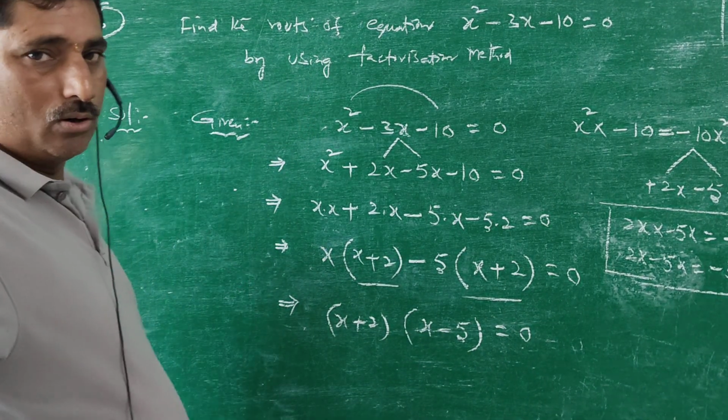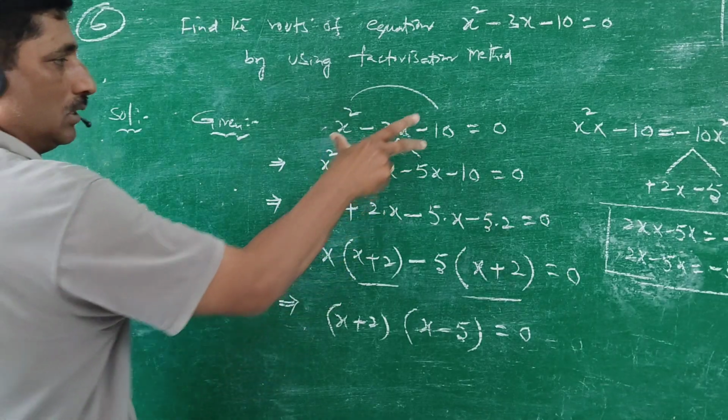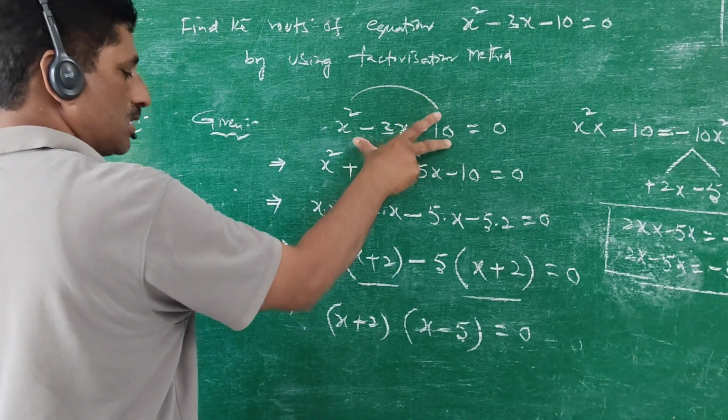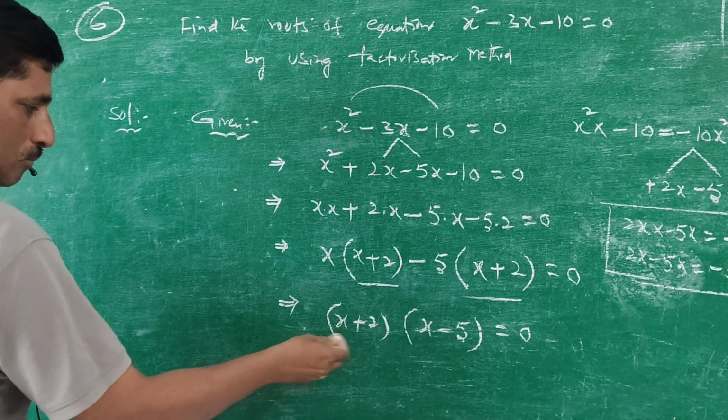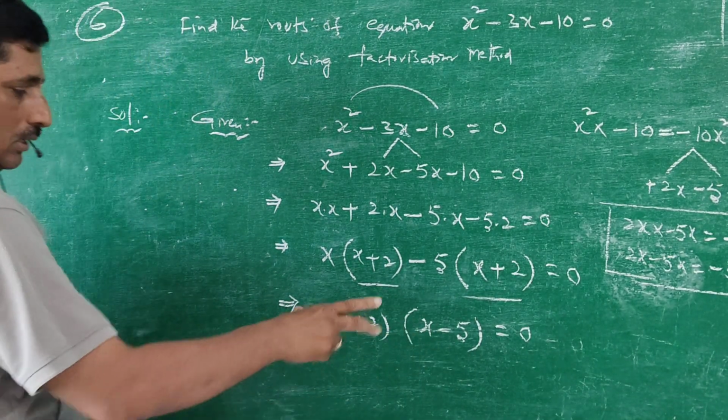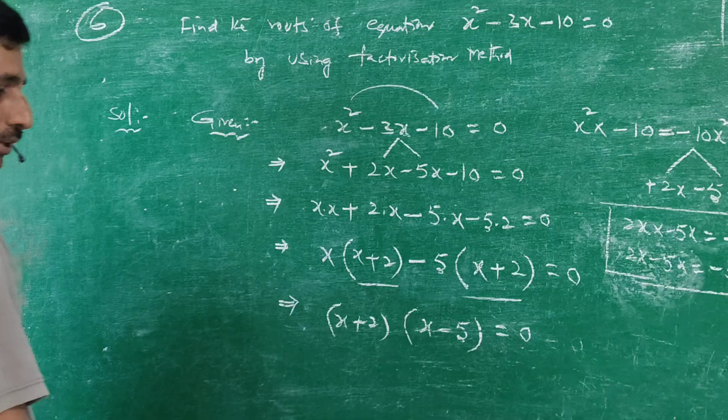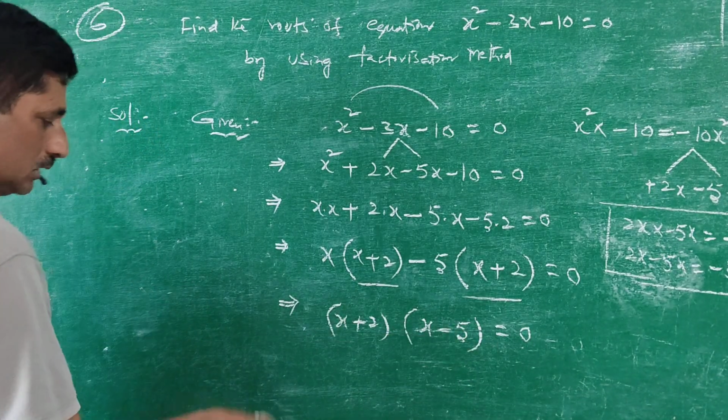What we followed in the previous, I mean 9th class, is the same. So I split this quadratic expression into two linear factors. Now I equate to 0. This is the zero product rule. When any product equals 0, we equate each factor to 0, right?